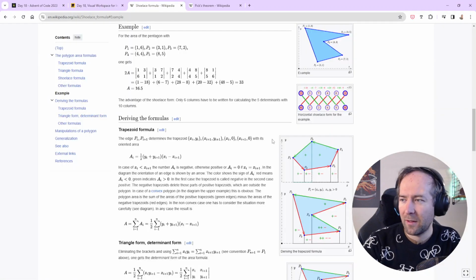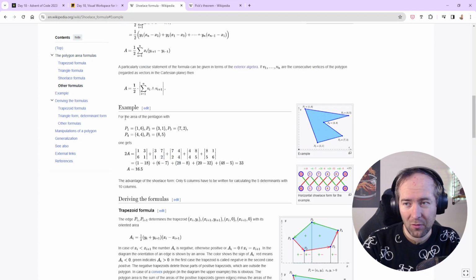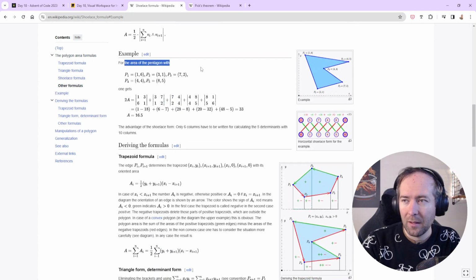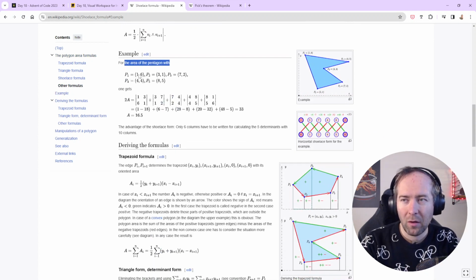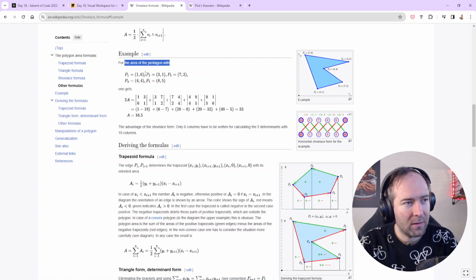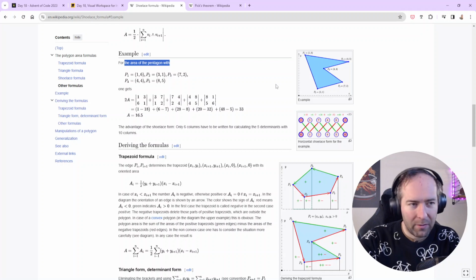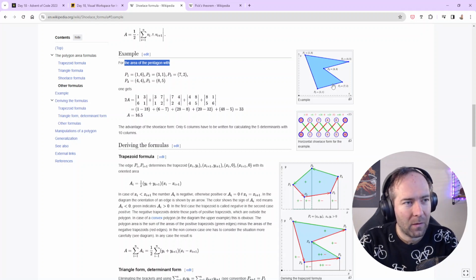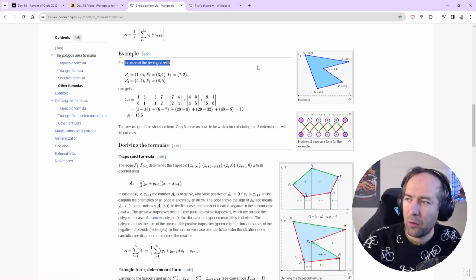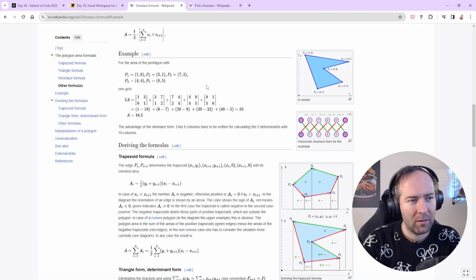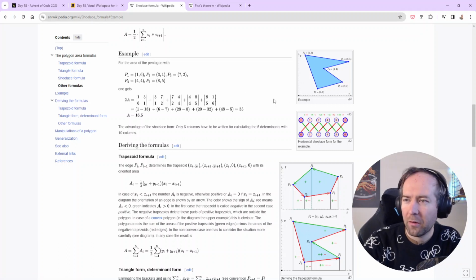So, what is shoelace in a nutshell? Shoelace is a very straightforward way where given a number of points in your space, you can calculate the area in whatever square units of the polygon constructed by those points. The only thing you need is the points have to be following each other in a roundabout way, one way or the other, doesn't really matter.